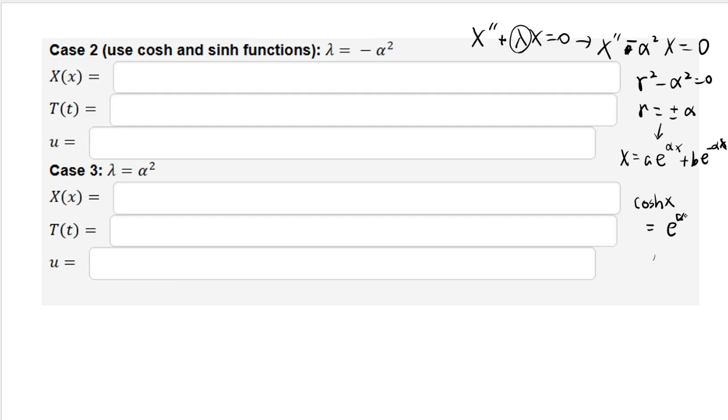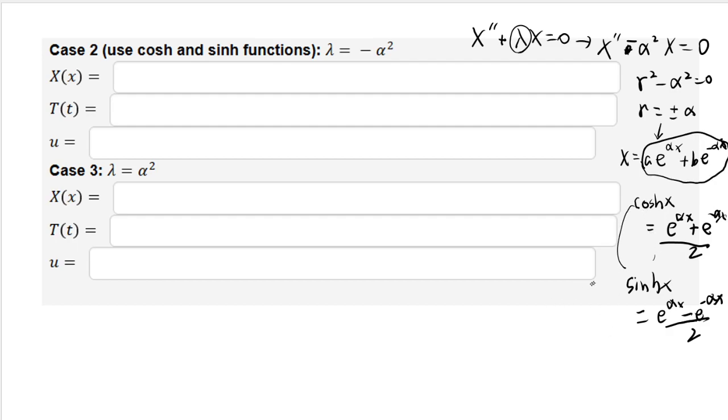This is an even function obtained by taking the sum of the two functions and dividing by 2. And sine hyperbolic of x is e to the alpha x minus e to the negative alpha x over 2, and that gives you an odd function. These two are linearly independent, and you can express any function of this form as a linear combination of these two. That's why it says use cosine hyperbolic, sine hyperbolic.